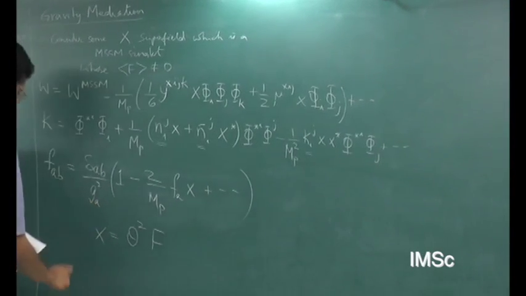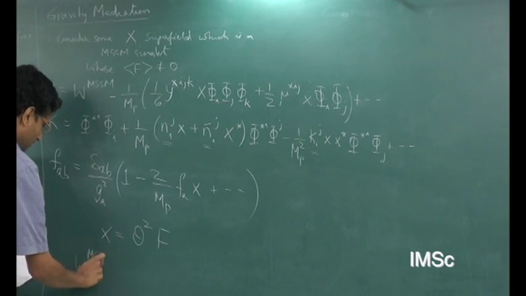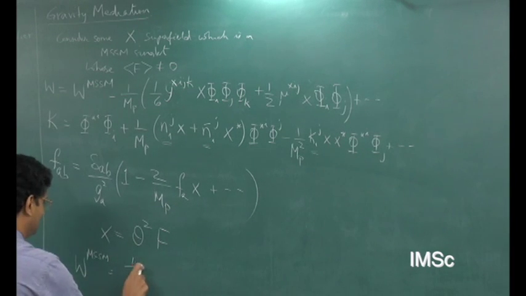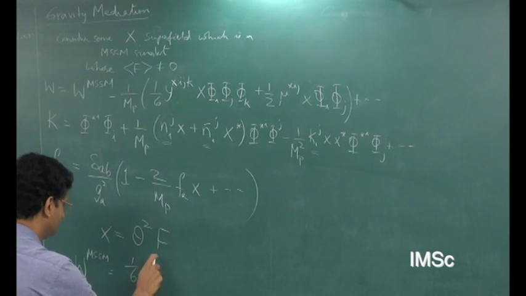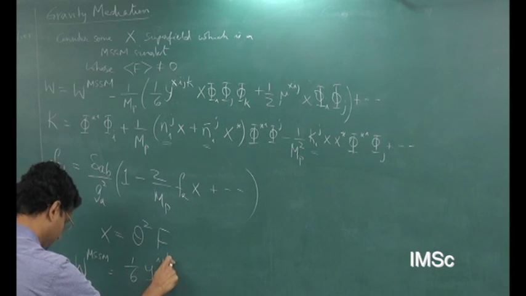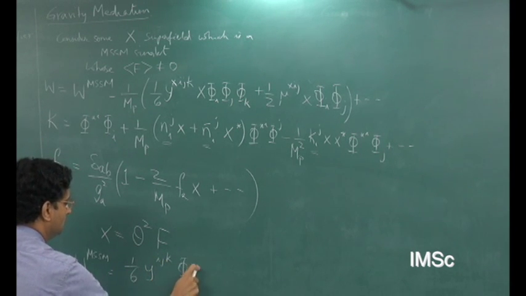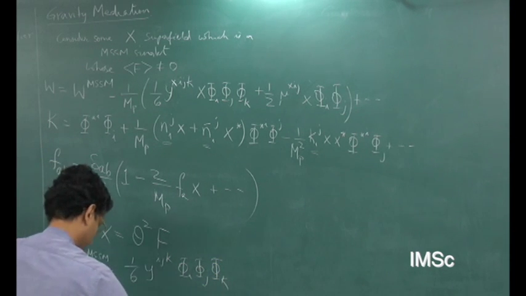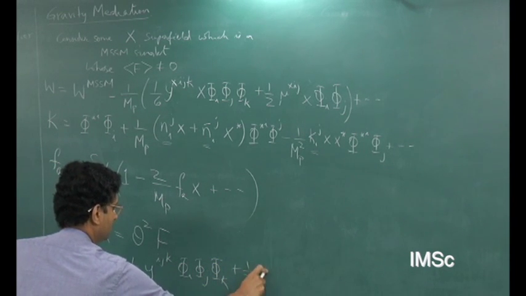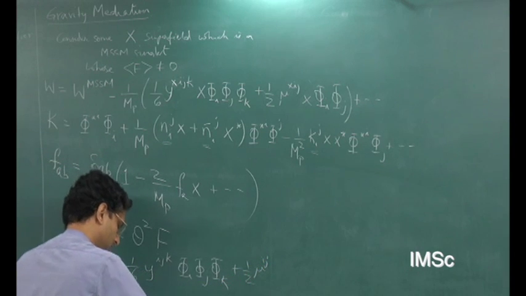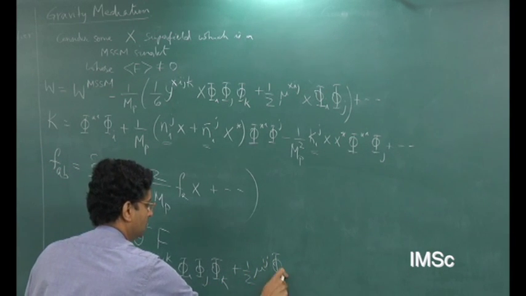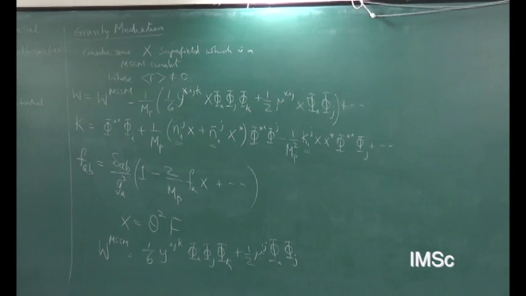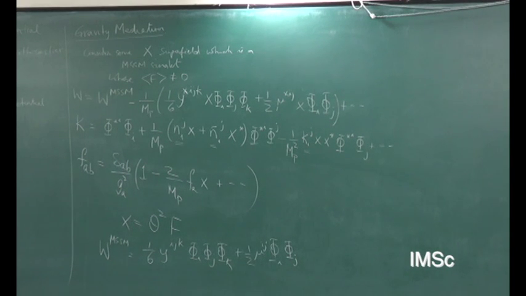And this W_MSSM we saw in this general notation is just written as so you can map it to the superpotential that we had written down last time.